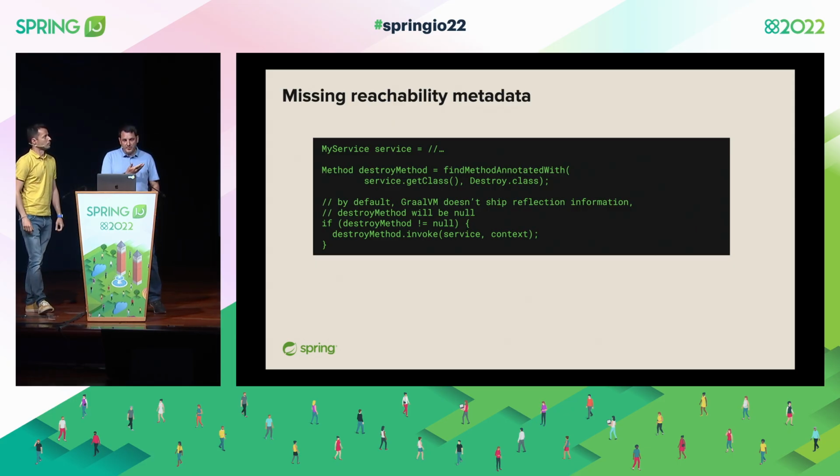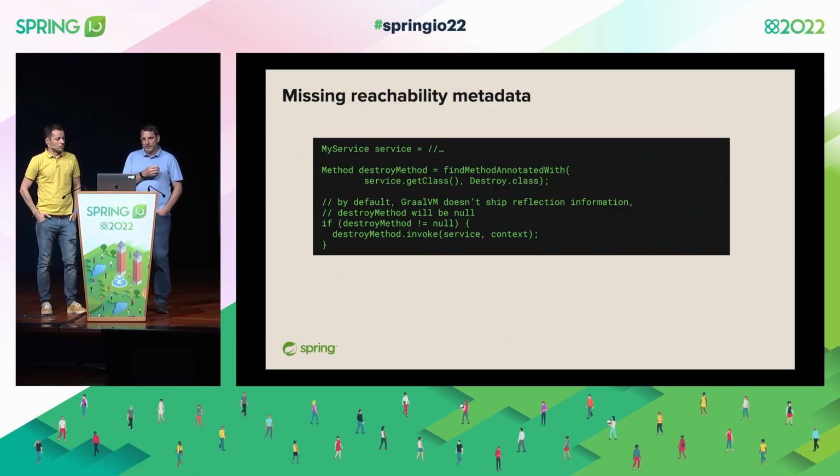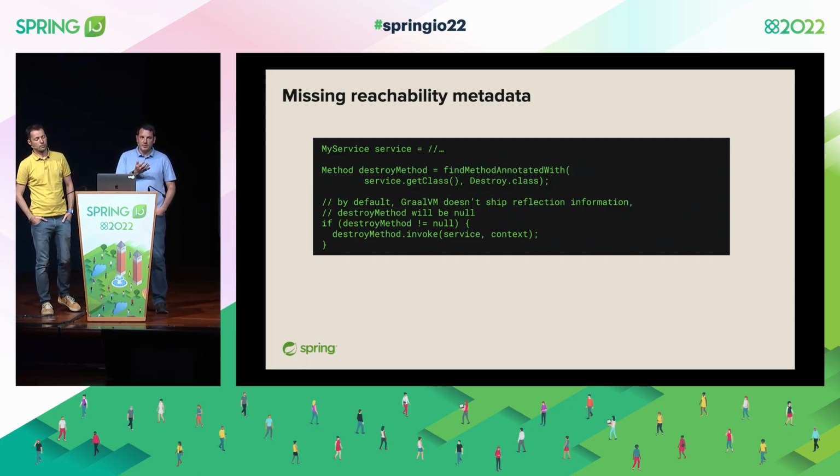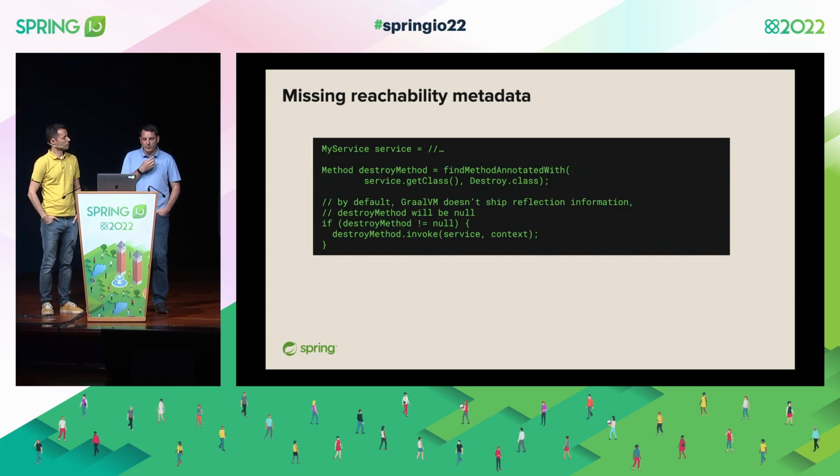This is an example where it wouldn't work so well in a native image without some hints. This is typically what a framework would do: you give it a service, then we need to find something that would declare a stereotype, in this case a destroy method. If that method exists, we would invoke it, typically at context shutdown.